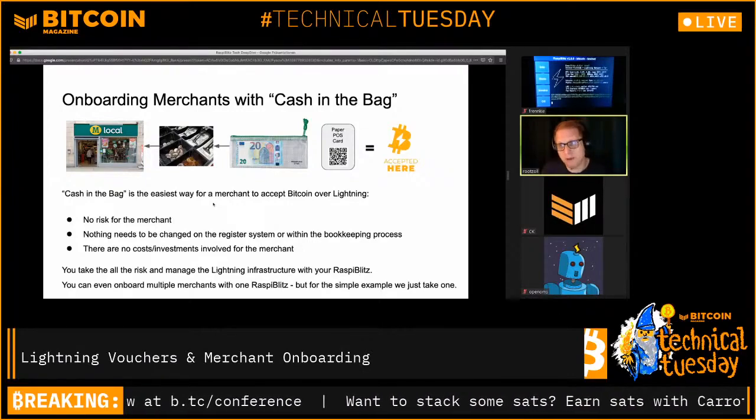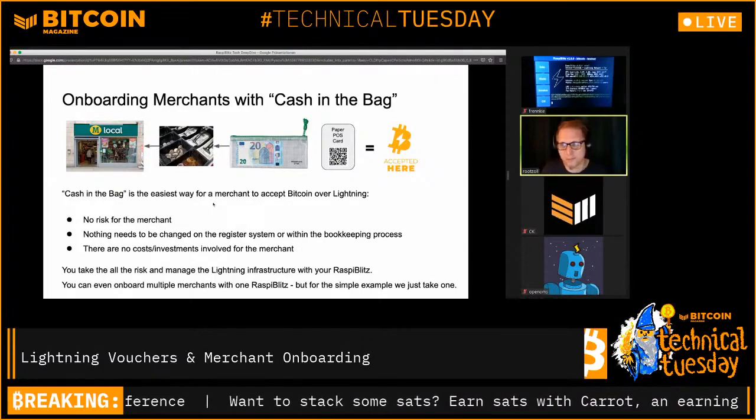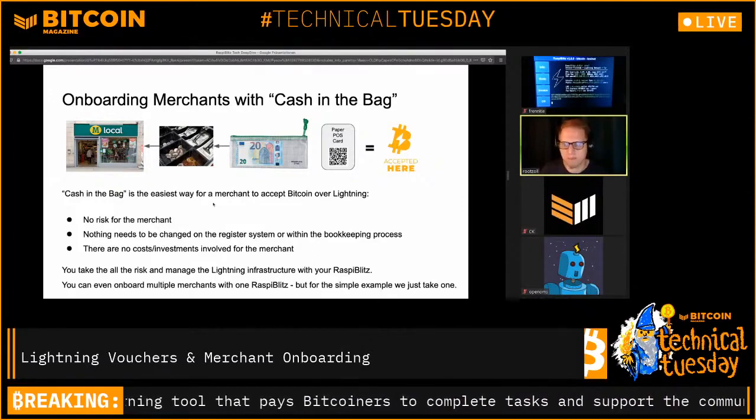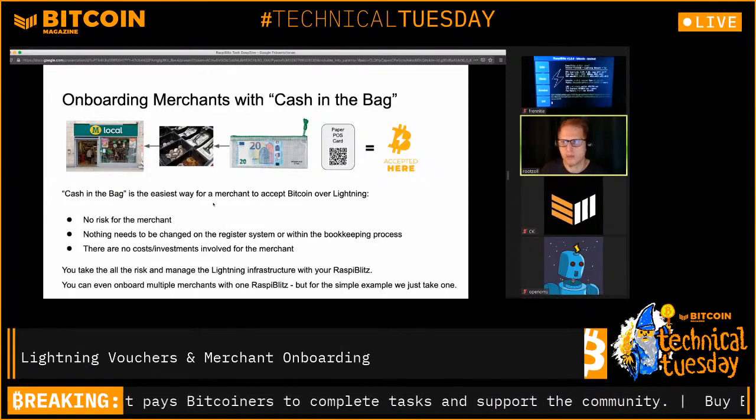Of course, somebody has to take the risk, and that's you. But I will give you an overview of what this means, because you take on the financial risk and the trust risk, and you take over managing all the background infrastructure for Lightning, with liquidity, inbound, good connection to the network.